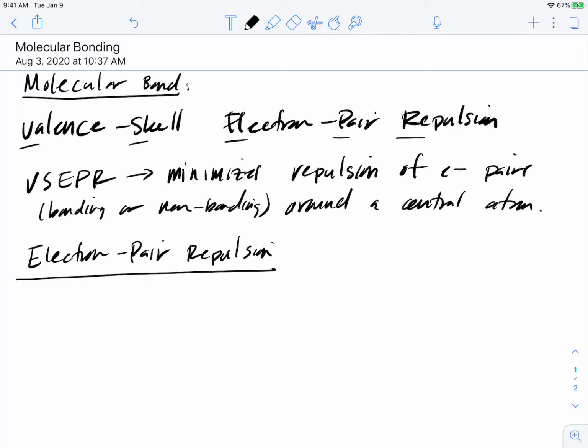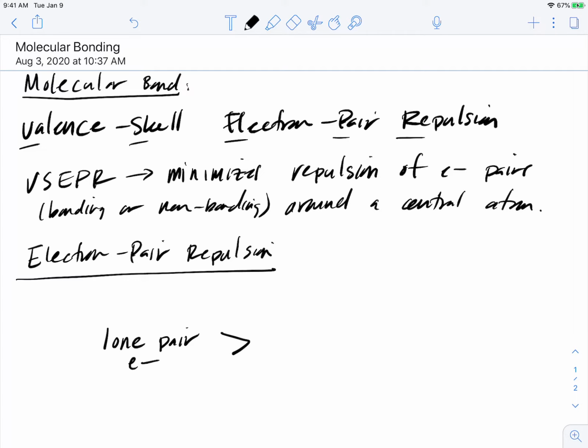The first thing that we're going to say about electron pair repulsion is that the amount of space that electrons will require in a molecule will depend on the type of electron pairs they are. So the pairs that need the most space or most room are lone pair electrons. They have the most repulsion, so they're going to need the most space.